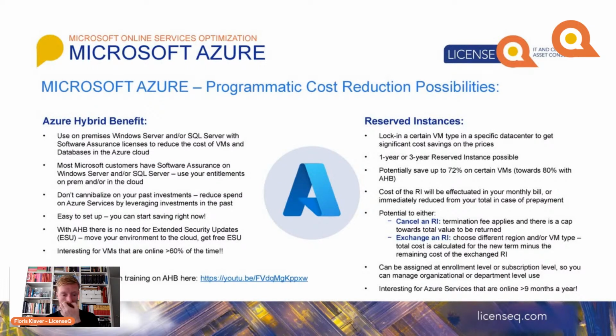And everything above 8 cores obviously needs the right amount of software assurance licenses. So you should definitely count the amount of VMs you have, the amount of cores per VM, and if it makes sense.